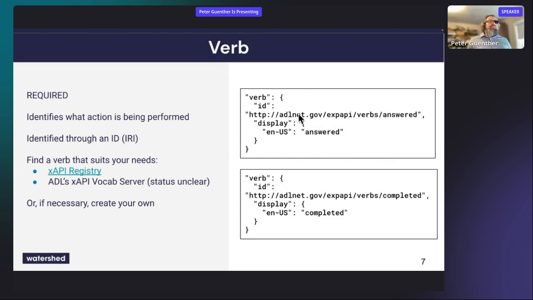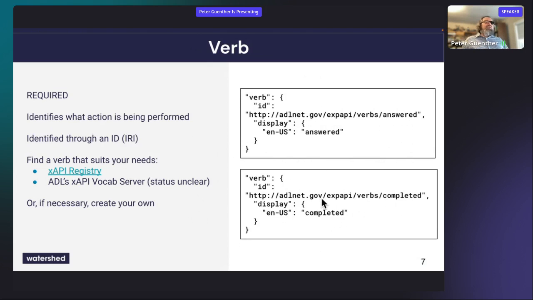Okay, ADL.net has defined this. It's in their Experience API or xAPI domain. It's among the verbs and it's called answered, whereas this one is completed. So you can see the IRI gives us a nice hierarchical structure. We're going to see that in other IDs as well.